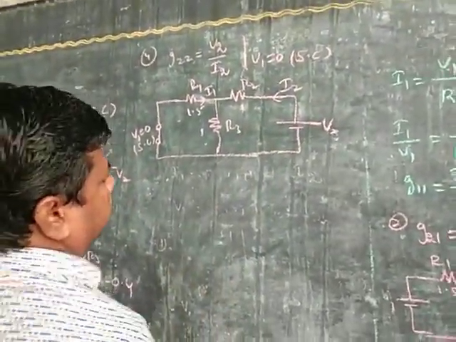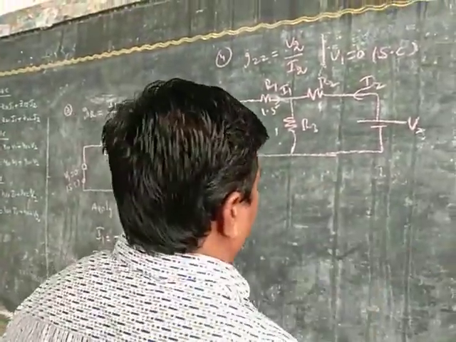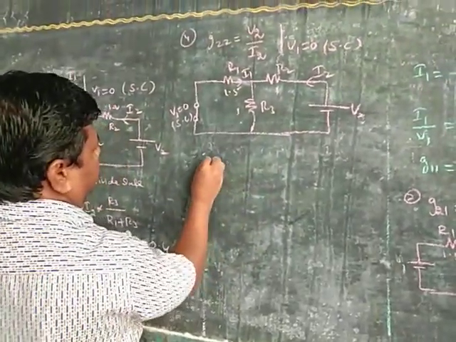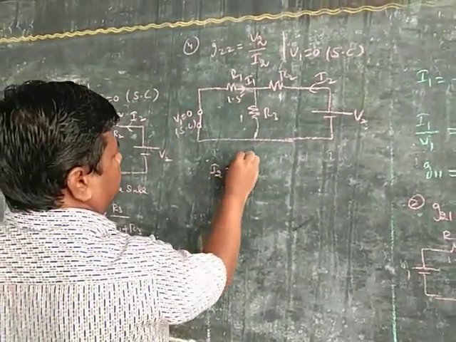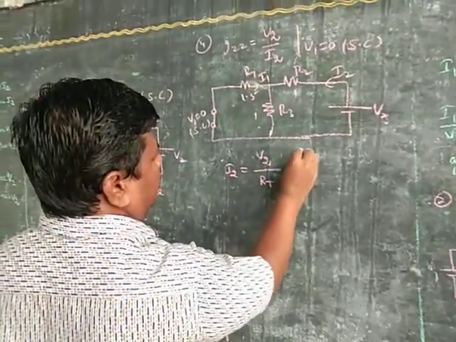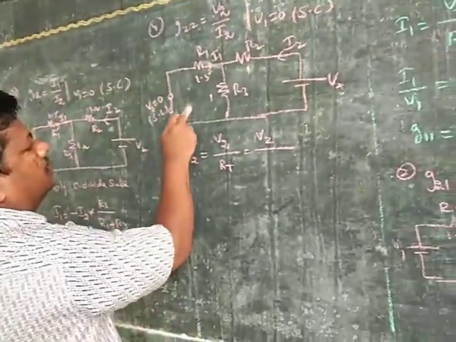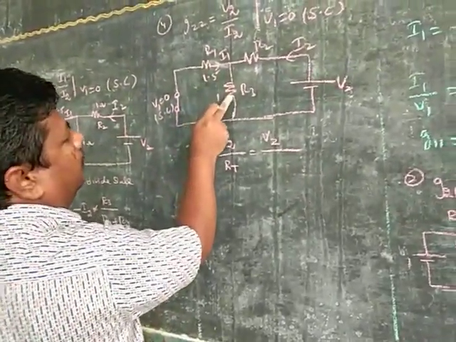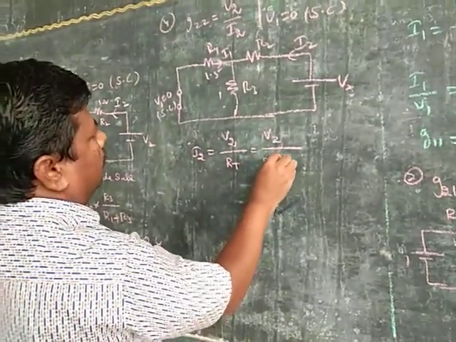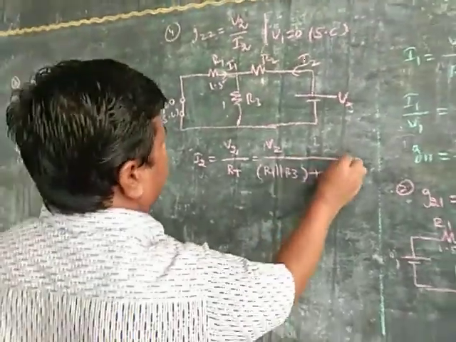Now simplify this one. Find I2 is equal to V2 by total resistance R. This is short circuit, so R1 and R3 are in parallel, and that is in series with R2.